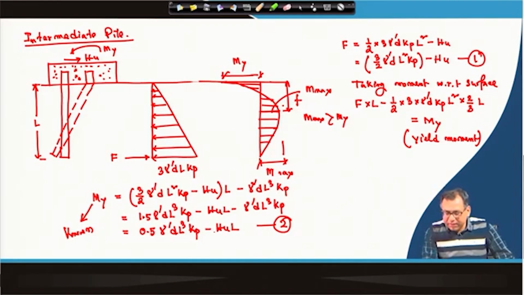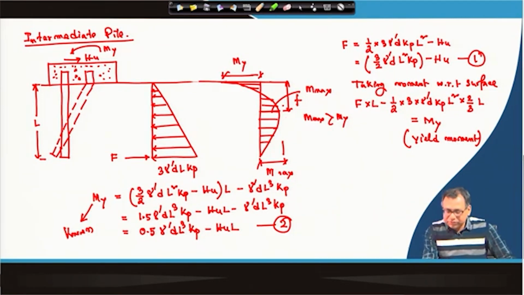And if you want, you can calculate what will be the M max at a point f from the top, and then check whether that M max is greater than or less than M y. If it is less than M y, then definitely intermediate pile.